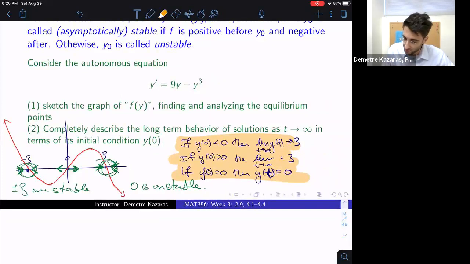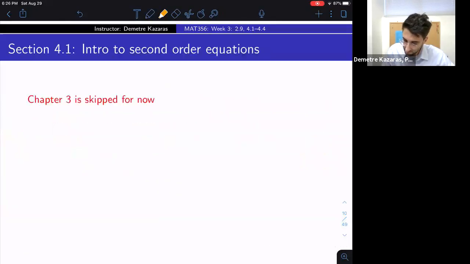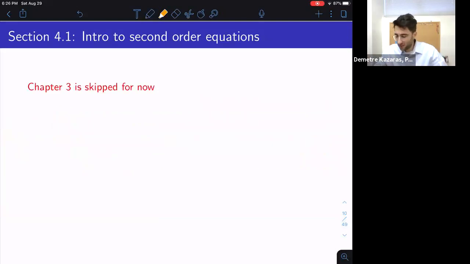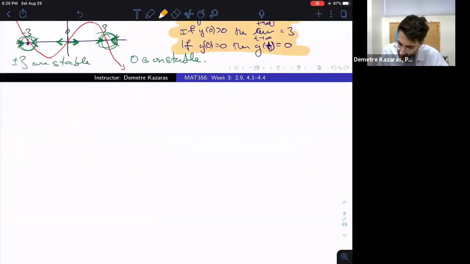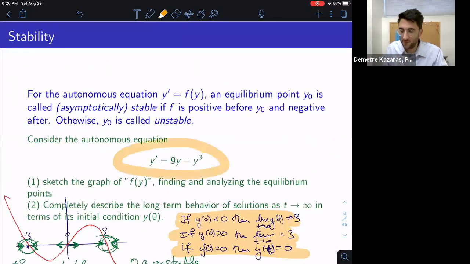Okay, good. That's the main point there for that section. So the main point is, if you have an autonomous differential equation, where the right-hand side does not involve the variable, then everything is determined by just the analysis of the function on the right-hand side.